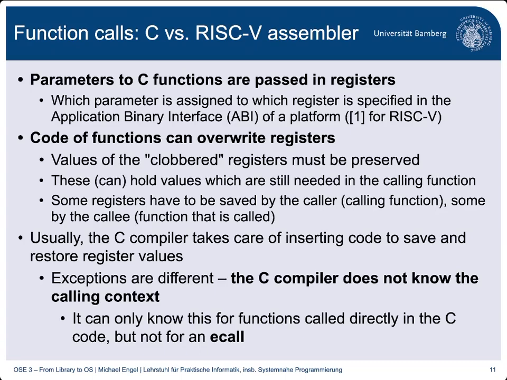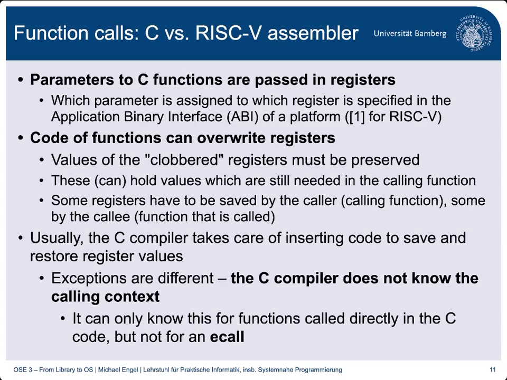So if the function we just compiled overwrites registers and then returns, then the original register values that the caller had used before are overwritten. That's a problem. So registers have to be saved if you need the value after the function call.